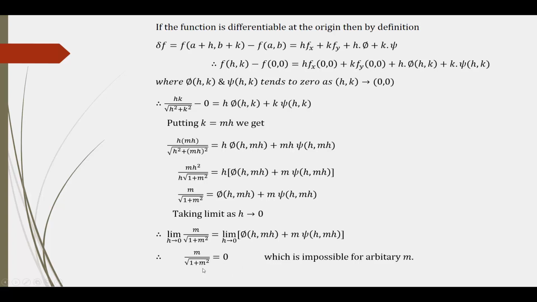So m upon square root of 1 plus m squared equals 0, which is not possible for any arbitrary m. Therefore the function f(x,y) is not differentiable at the origin. Hence the function is not differentiable at 0, which is the solution of this example.